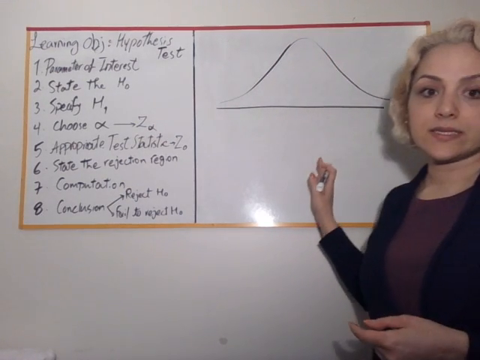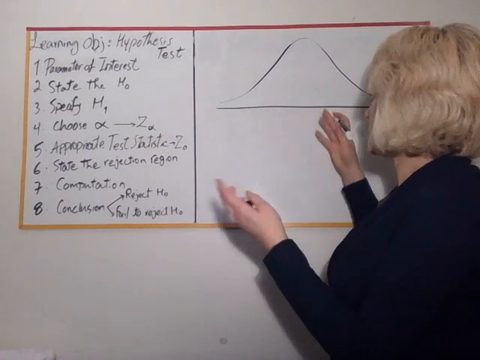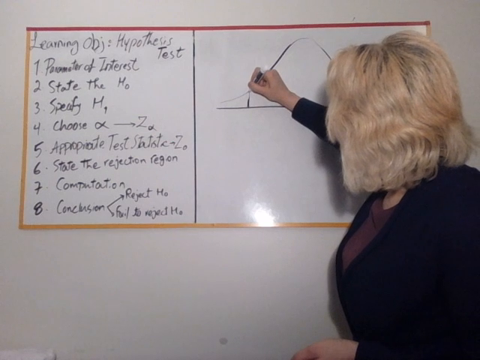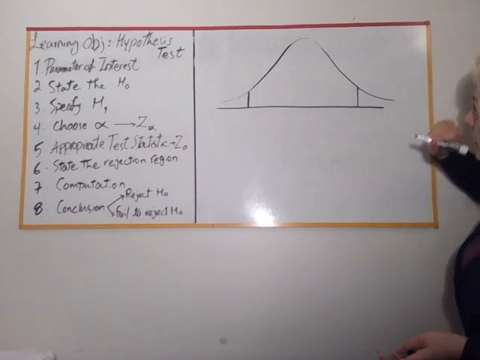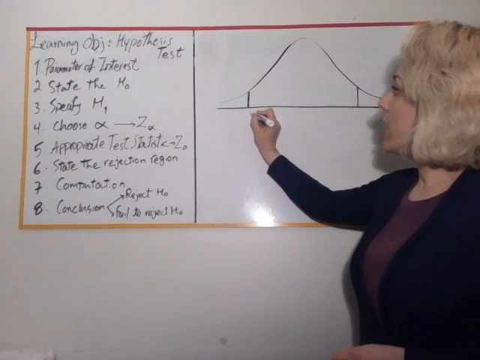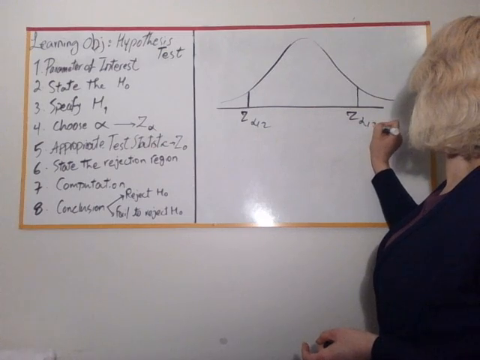Let's assume that this is normally distributed. This is a normal distribution curve. Previously we said, okay, here is my alpha, so here is half of the alpha, half of the alpha.